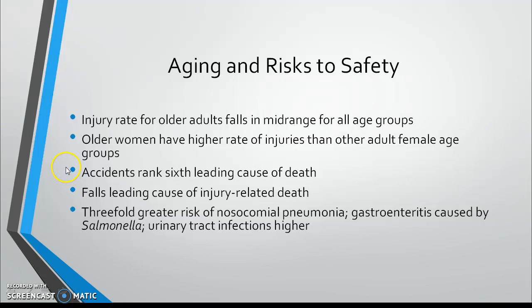Also, as you look at this highlight, accidents rank 6th leading cause of death, falls are the leading cause of injury-related death, and also don't forget about pneumonia and influenza. They're the 4th leading cause of death, and pneumonia, believe it or not, is the leading cause of infection-related deaths.